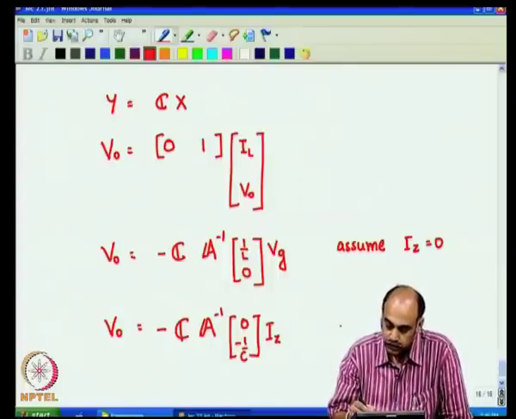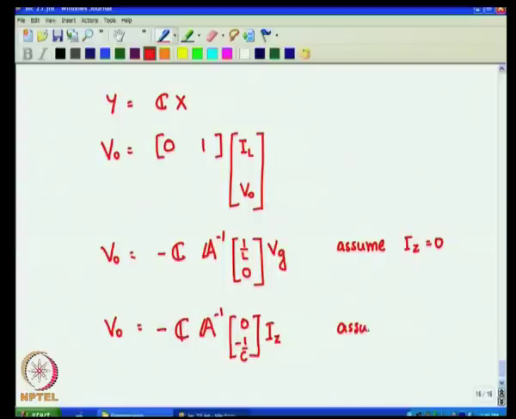This will give you, and here you assume V g equal to 0. So, this gives you V naught by V g, and this gives you V naught by I z, the output steady state output impedance.